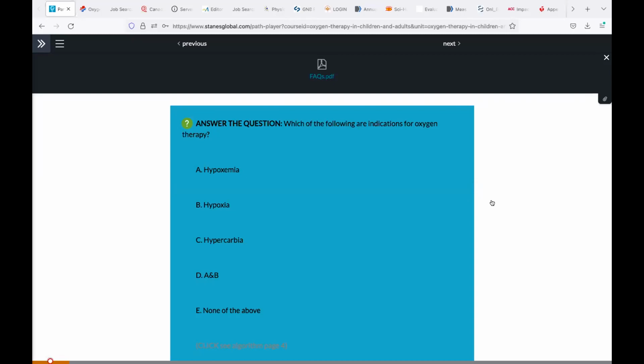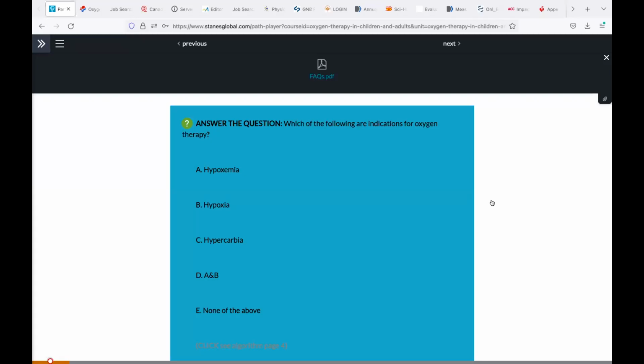Okay, yeah, that's the correct answer. And the reason is hypercarbia: you have too much CO2, and the solution is not to give oxygen. The solution is to improve ventilation, where you need to think about the cause. You may consider non-invasive ventilation, for example, or intubation, or you wake up the patient, or you reverse the cause.